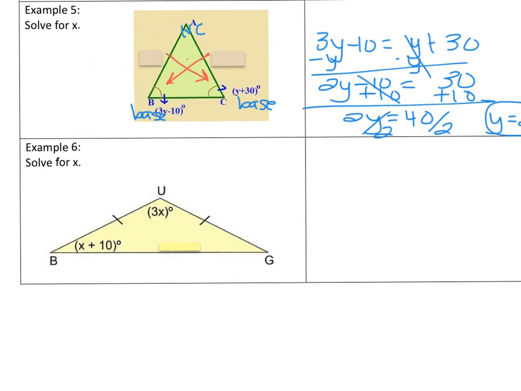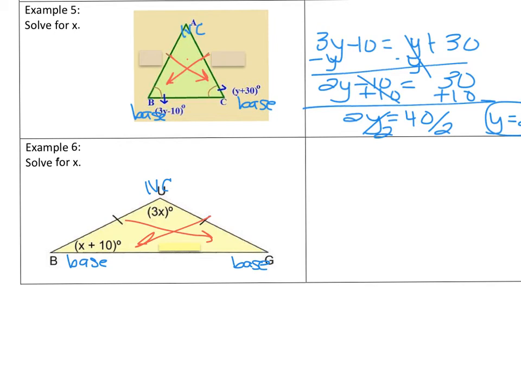Well, not yet, so I'm going to extend so I know where my bases are. So the bases are in these corners. So let's go ahead and label base, base. So this is non-congruent. My base angles, am I looking for angles or sides?